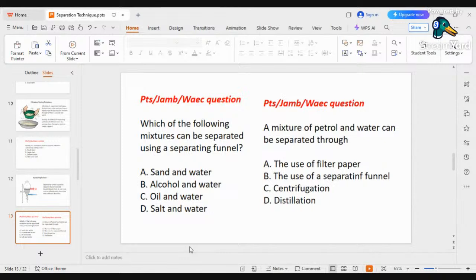Please answer using a separating funnel.